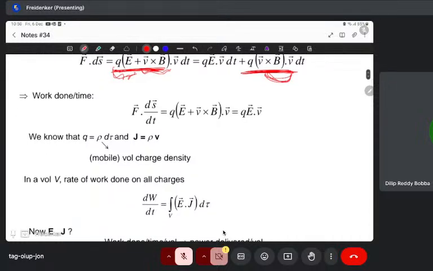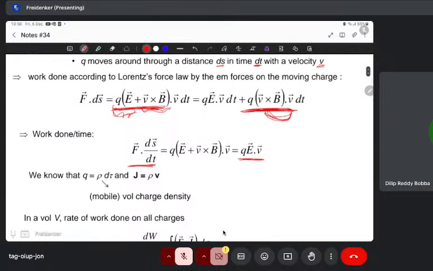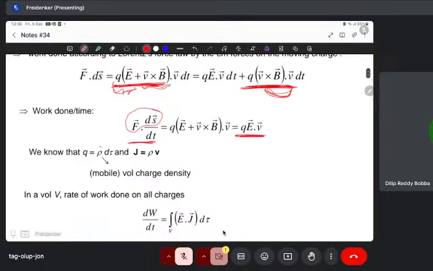Fine. So finally, what did you get? You got this one and this one. So what is all this? F dot ds is work done. So work done per unit time is equal to this much. If this is volume charge density, Q is volume charge density into volume. So that will give you the charge, right? That is fine. I know J is this one.